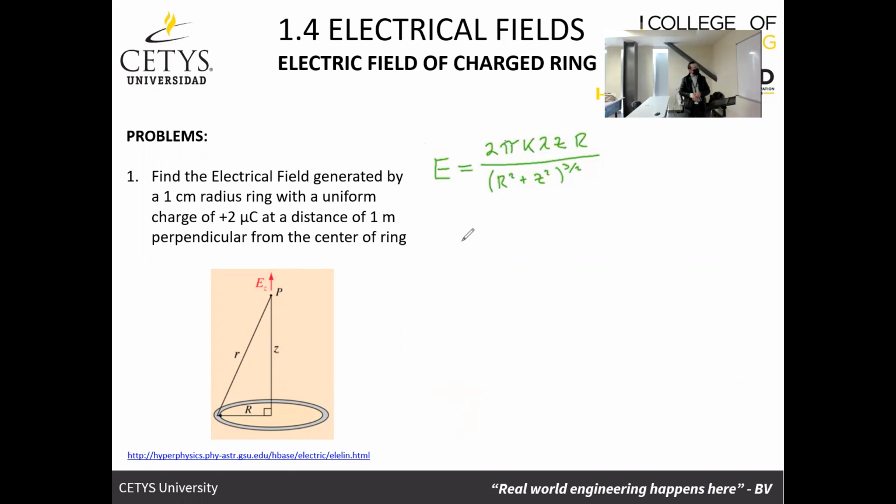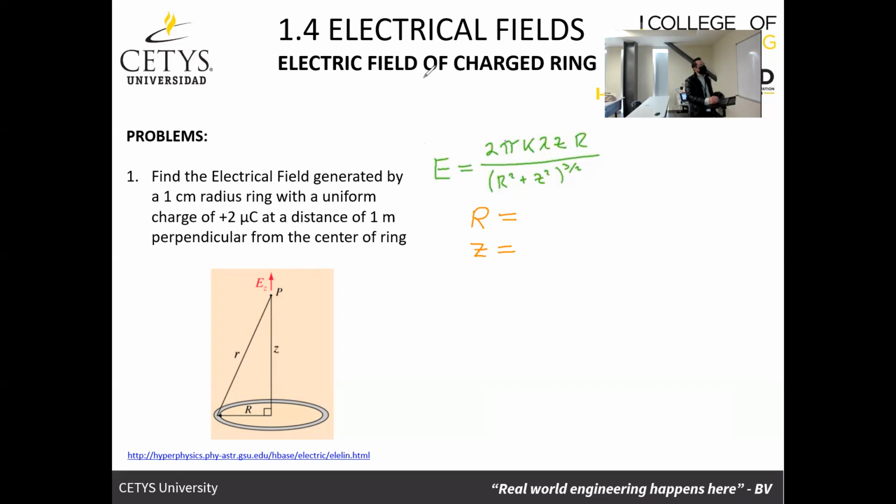And so we need to identify certain things from the mathematical expression. So we need to know R, or the value of, in this case, the radius. We need to know also the distance that we're analyzing the situation from.